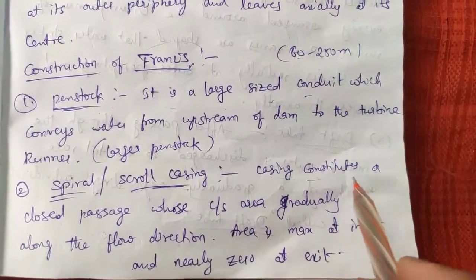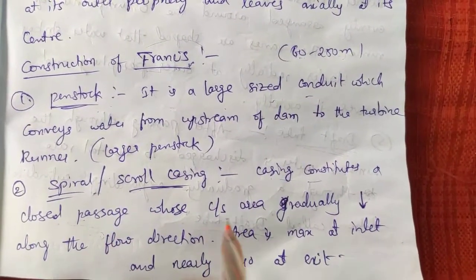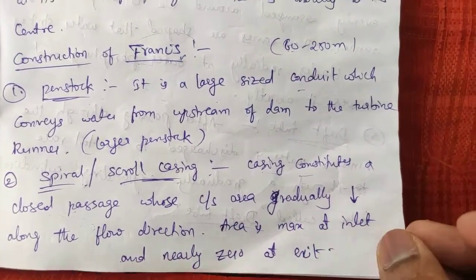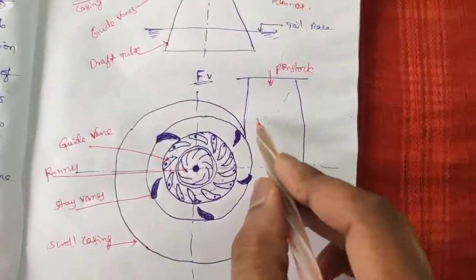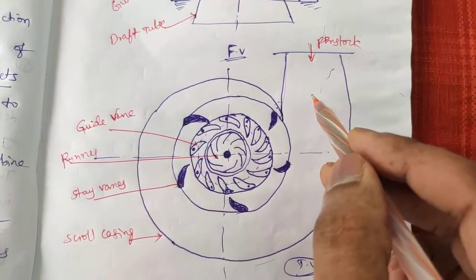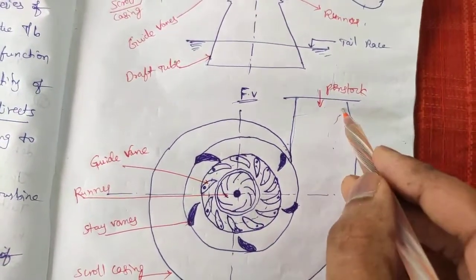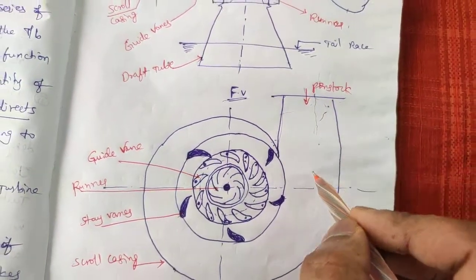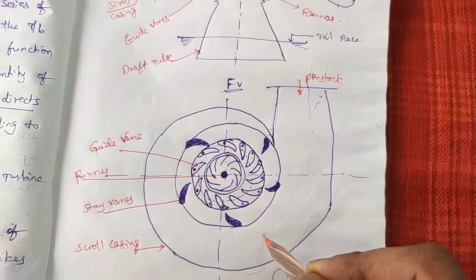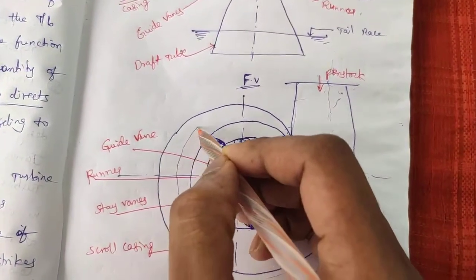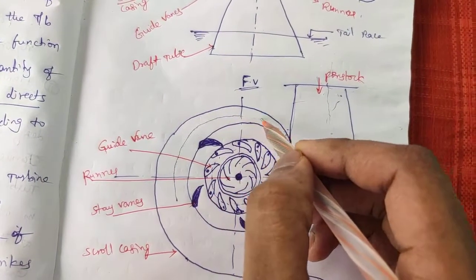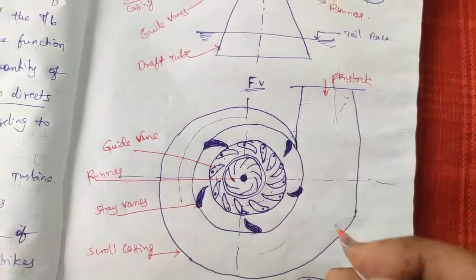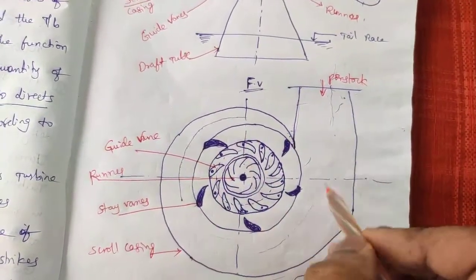This casing has a closed passage whose cross-sectional area gradually decreases along the flow direction. Here we can see the cross section. The cross section is normally circular in shape. At the inlet, the diameter of the scroll casing is larger, and the cross-sectional diameter gradually decreases in the radial direction and comes to the least. That means almost zero cross section. So this is the shape of the scroll casing.